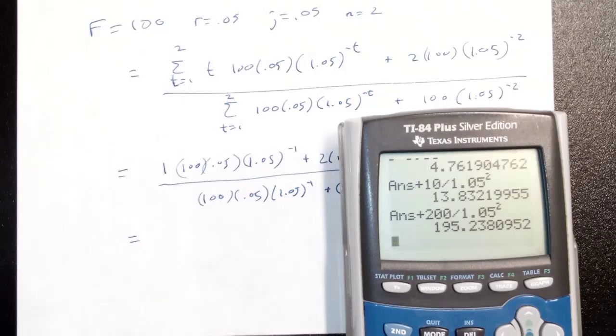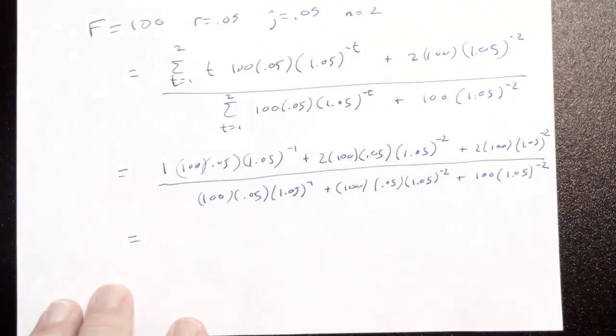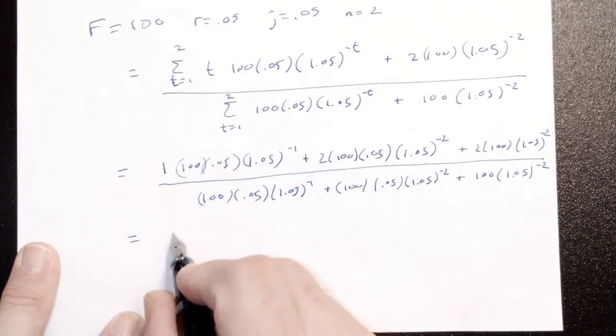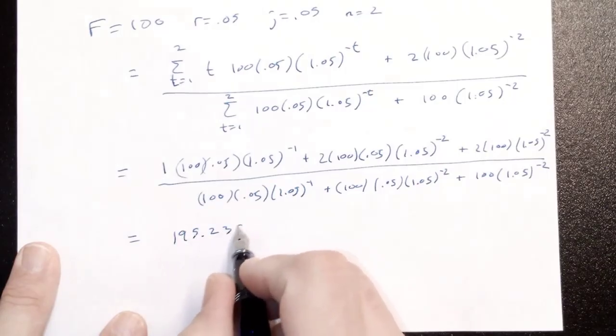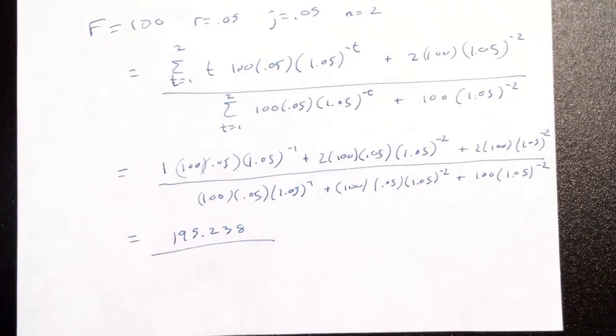Great. That's the weighted spread of all of my payments. I need to know the bottom number now. Wait a second. This bond is bought at par. R and J are the same.